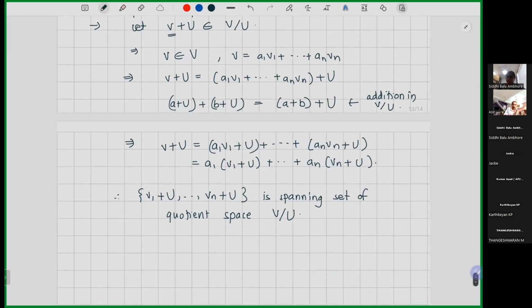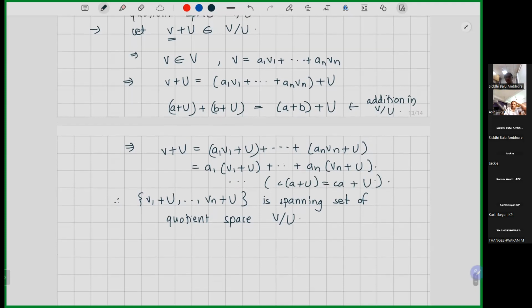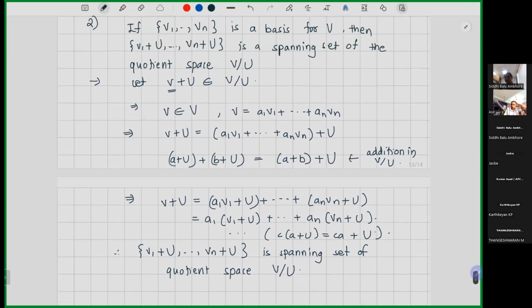And this is also true: if I have some scalar c, then c times A plus U is equal to cA plus U. This is also true in the quotient space. This is the definition of the quotient space, how addition and scalar multiplication are defined in the quotient space.